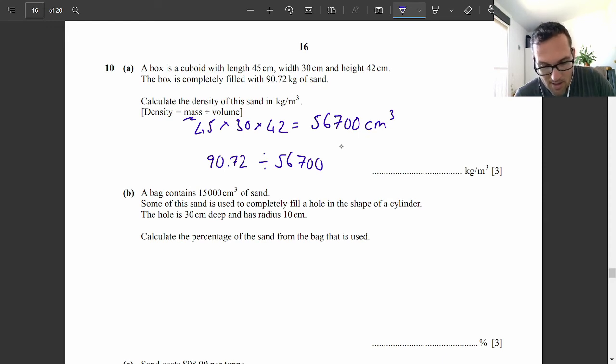But that's where we need to look carefully. I've just worked out centimeters cubed. They want the answer in meters cubed. Means we need to change centimeters cubed to meters cubed.